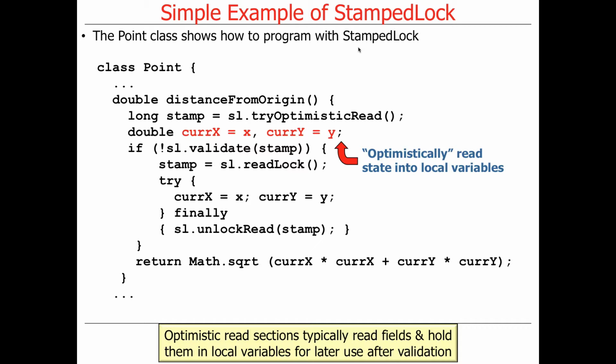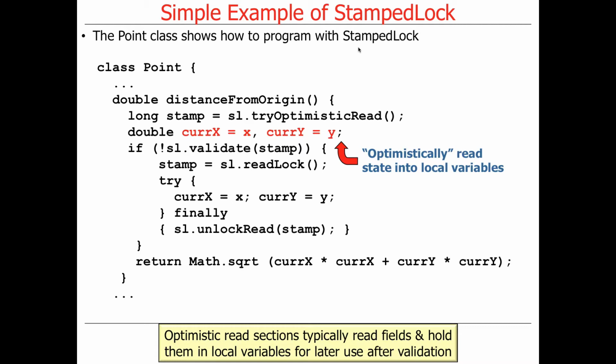So at this point, we have cur X and cur Y set to some version of X and Y. However, because try optimistic read never actually acquired a lock, but only refreshed the values in that thread of whatever X and Y had been set to, we don't really know whether or not these values are valid. It may have happened that in this tiny, tiny window of code between try optimistic read and when we get done with the semicolon at the end of cur Y equals Y, another thread may have come along and acquired the lock for writing.